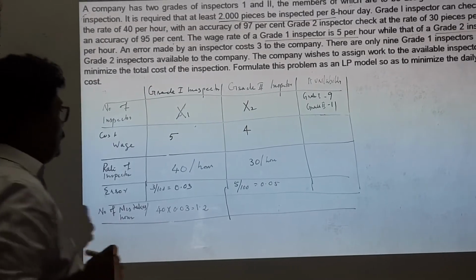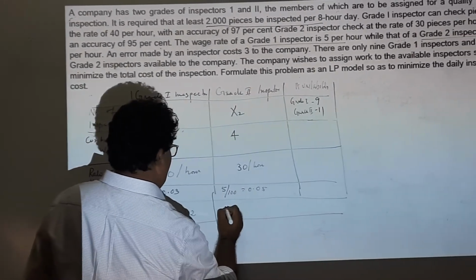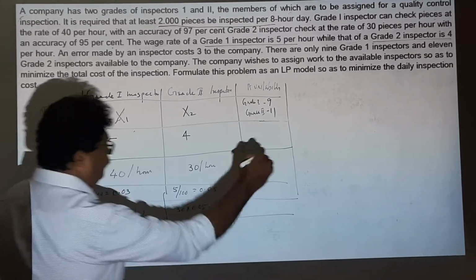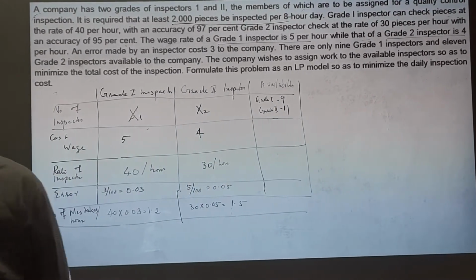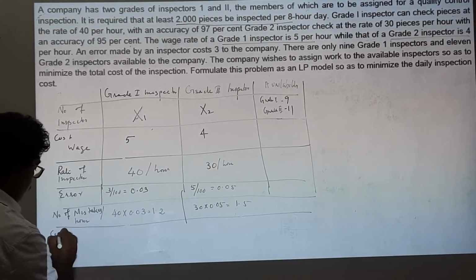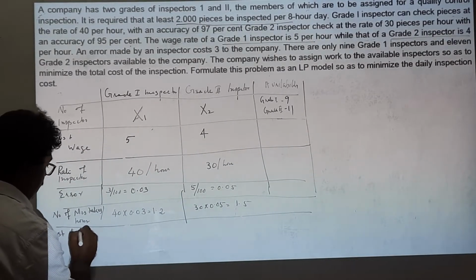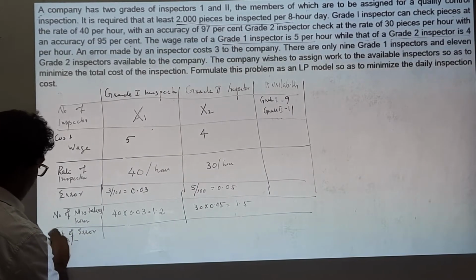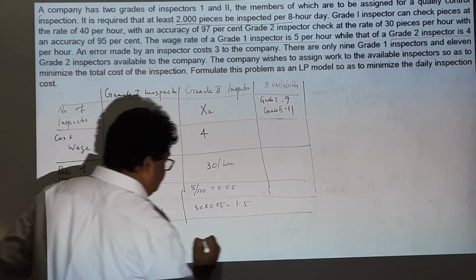So 30 into 0.05 is equal to 1.5. Agree with me? Now next is the cost to the company. Cost of error at 3 rupees per mistake.